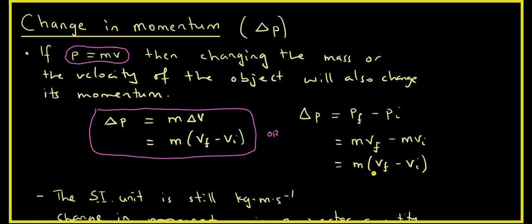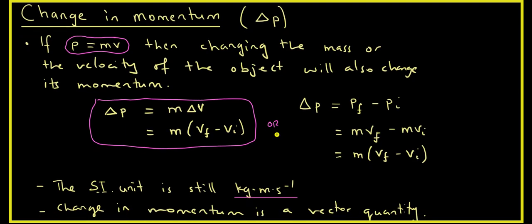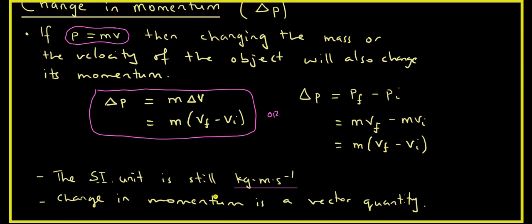So we'll have m times v final minus v initial, just like in this expression here. The SI unit for change in momentum is kg·m/s, the same as the unit for momentum. We must also remember that change in momentum is a vector quantity.